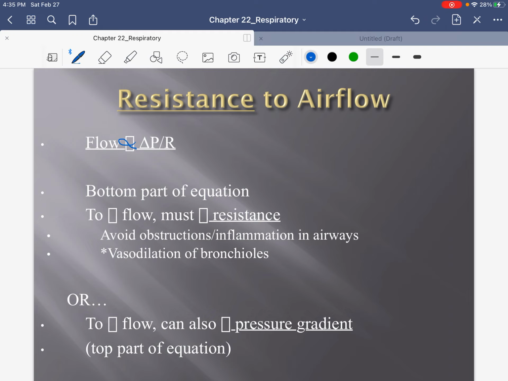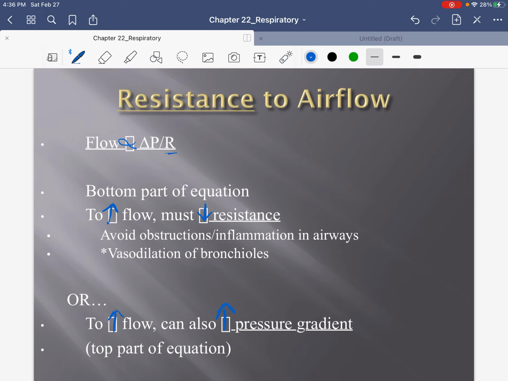So if we look at the bottom part of this equation, which is resistance, anytime we want to increase airflow, we want to decrease resistance. And then anytime we want to increase airflow, we want to have a higher pressure gradient.